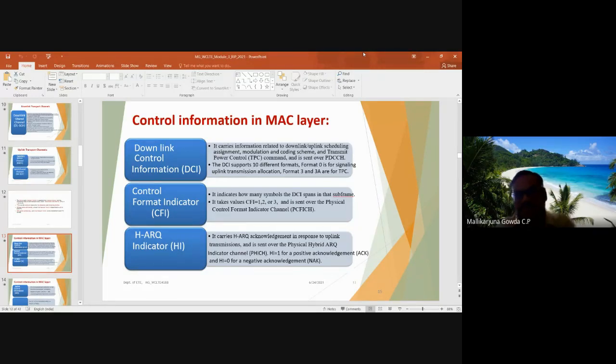It takes values, that is CFI equal to 1, 2 or 3, and it is sent over the physical control format indicator channel, that is PCFICH. Okay, so that is about the CFI.